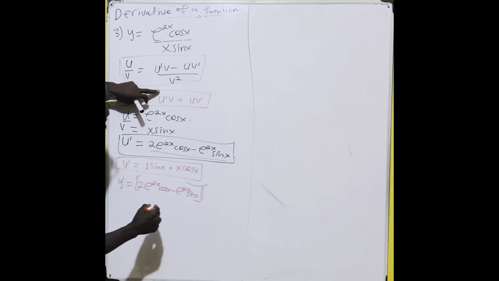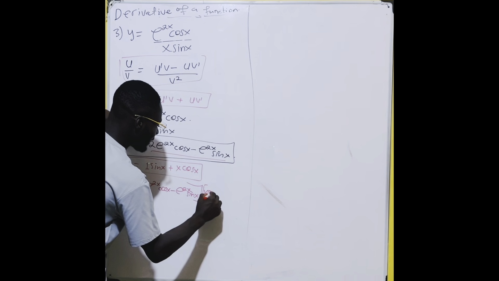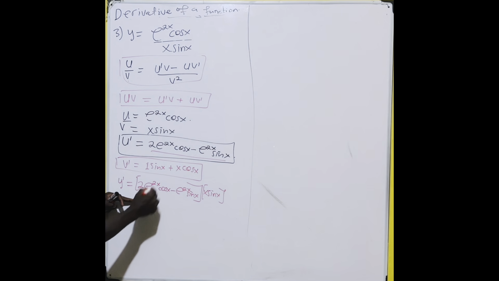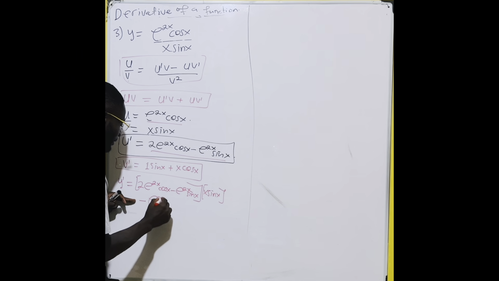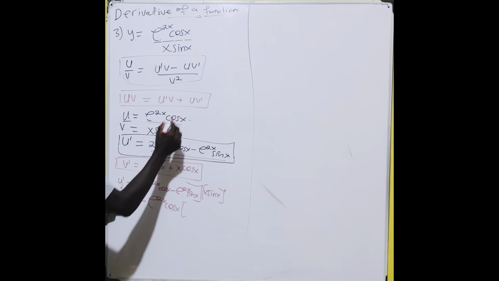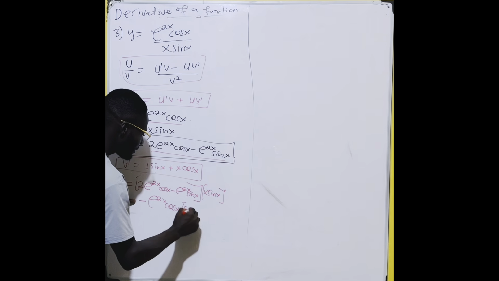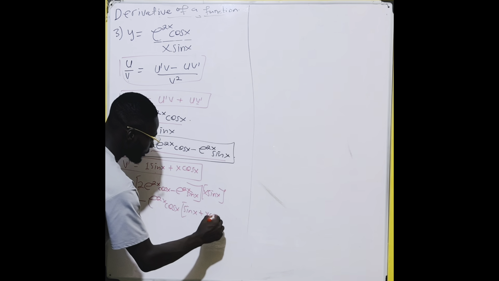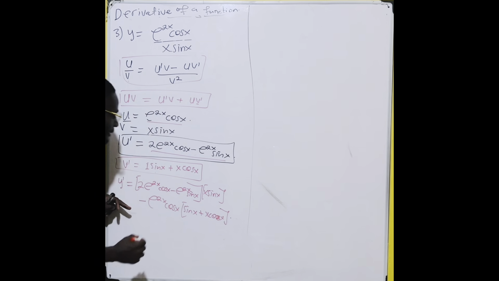Multiplied by the v, and our v is x sine x, minus our u, which is e to the 2x cos x, multiplied by v prime, which is sine x plus x cos x, right?